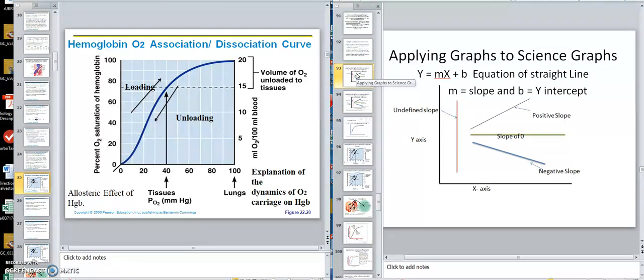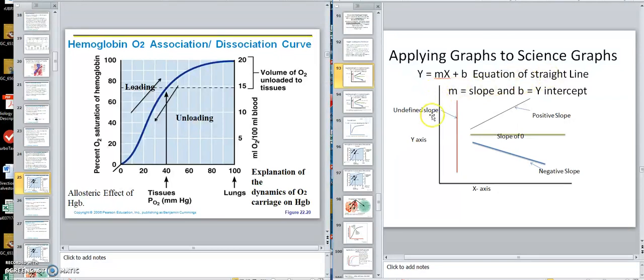Let's refresh our memory. For some, you'll be right on target and don't need this. Y equals mx plus b is an equation of a straight line. M is the slope and b is the y-intercept, which you've learned before in a math course.